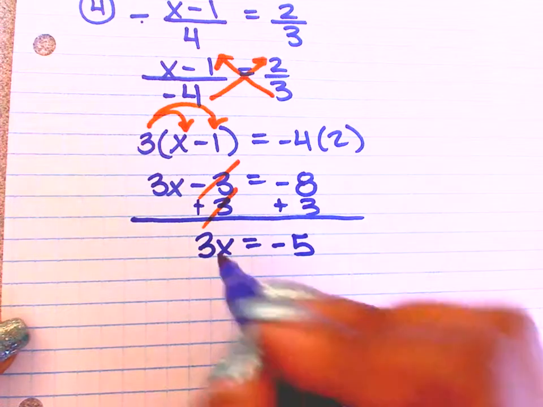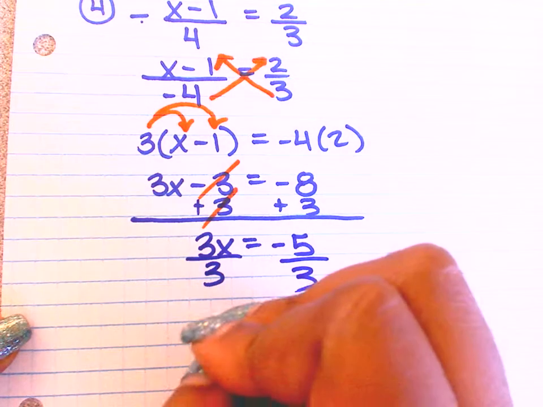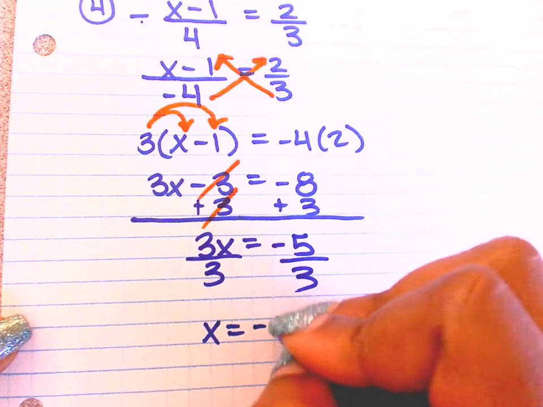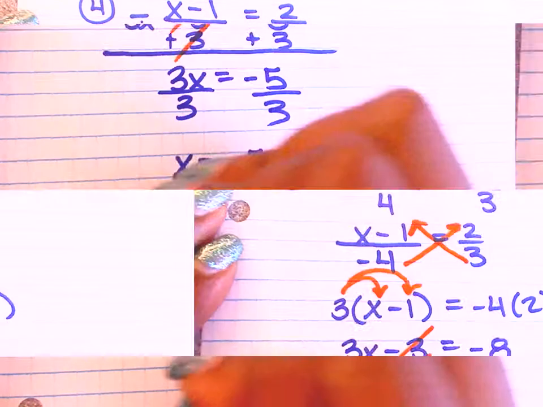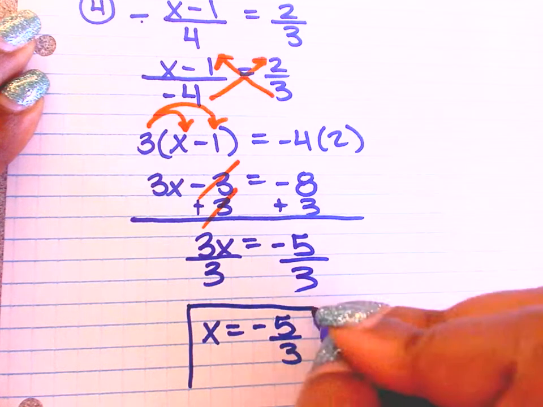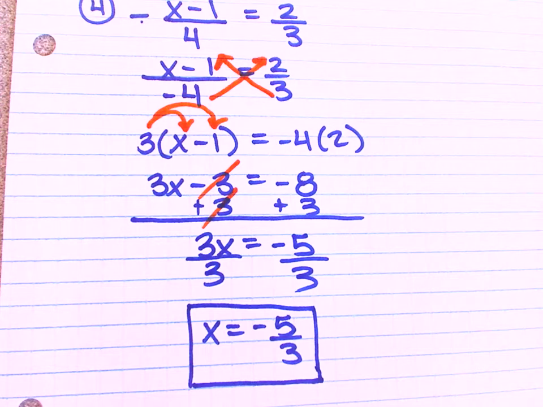Isolate the variable, divide by 3 on both sides. X is going to equal negative 5 over 3. You can either leave it like that, or you can turn it into an improper fraction. I'm going to leave it for today. So I'm just going to say x is negative 5 over 3. In the next one, I'll show it as an improper fraction.